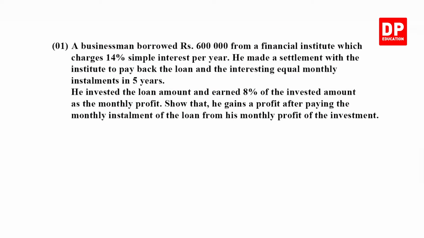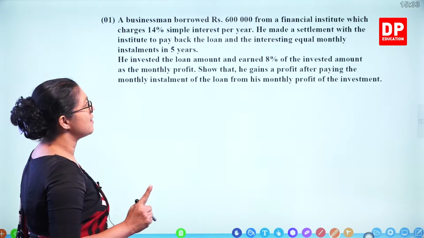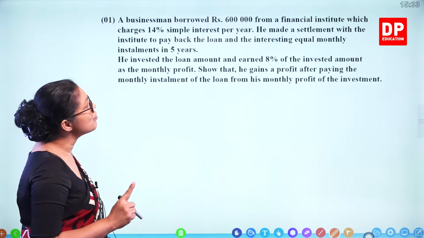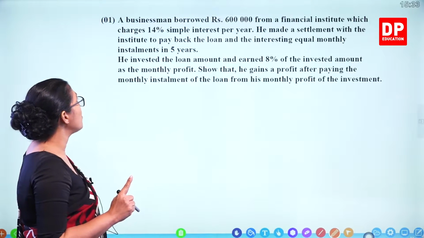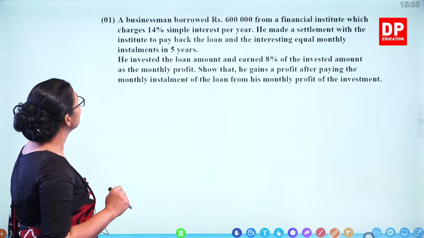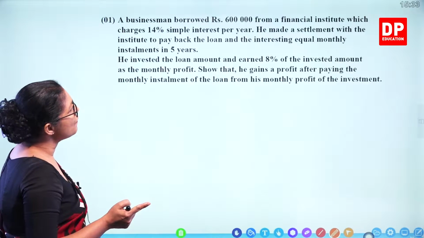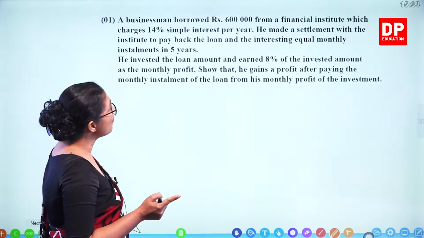Question number 1. A businessman borrowed 600,000 rupees from a financial institute which charges 14% simple interest per year. He made a settlement with the institute to pay back the loan and the interest in equal monthly installments in 5 years. He invested the loan amount and earned 8% of the invested amount as the monthly profit.